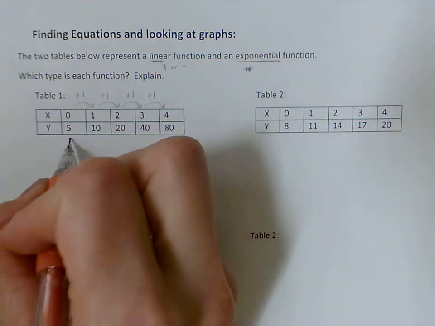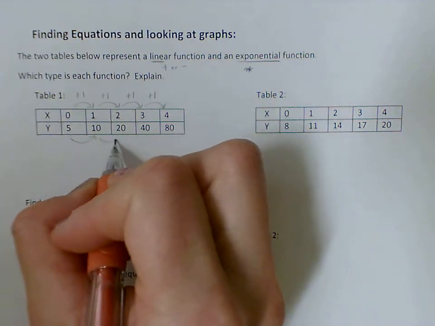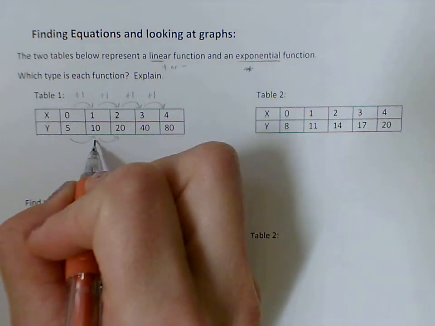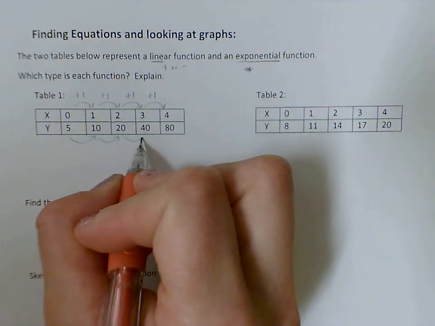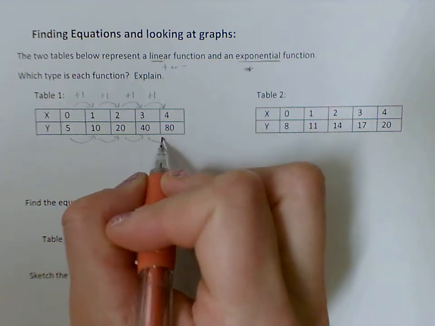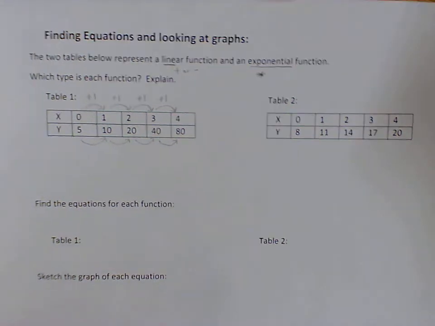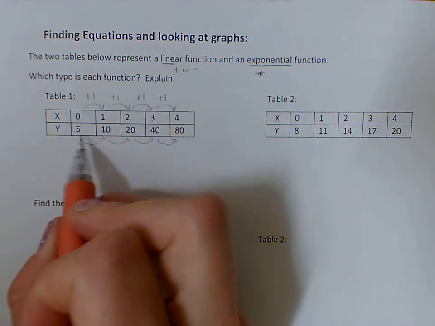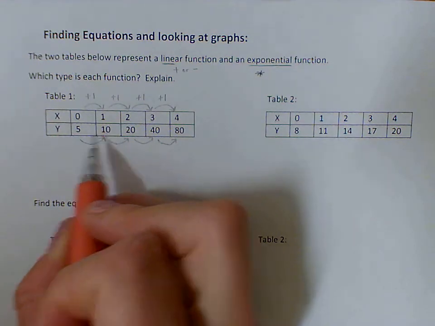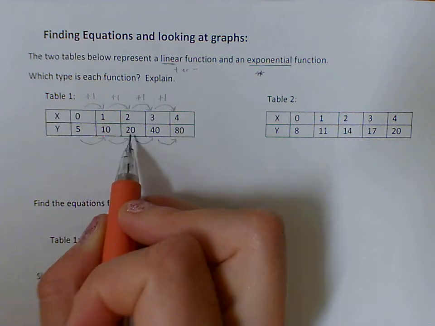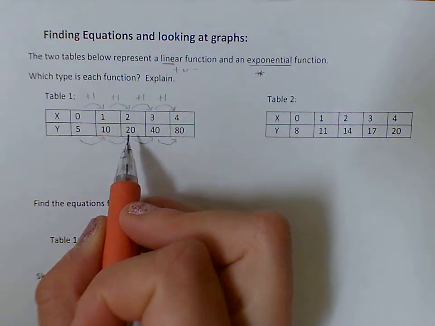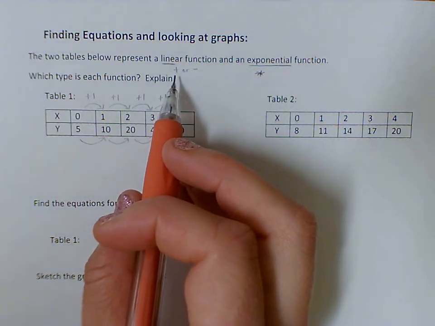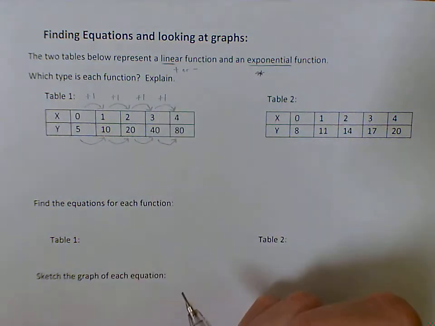And so we're going to just find the pattern. What are we doing to go from 5 to 10, 10 to 20, 20 to 40, and 40 to 80? Is there a pattern there? If you think through it, okay, I could add 5 to go from 5 to 10, but if I add 5 again, that's not going to give me 20, so I know I'm not adding a constant number, or it doesn't have a constant rate there.